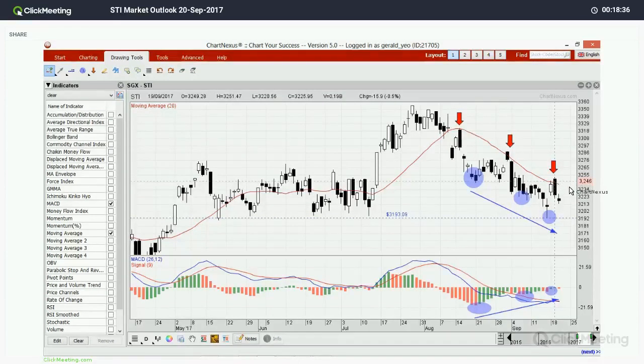Whether the trend will continue further will depend on this 3190 level support. If it breaks, then there's a very high chance the STI could proceed on its decline and trade further south. So this week, as it continues to trade for the next few days, it'll be key to watch 3190, to see whether it's able to continue to hold as support.